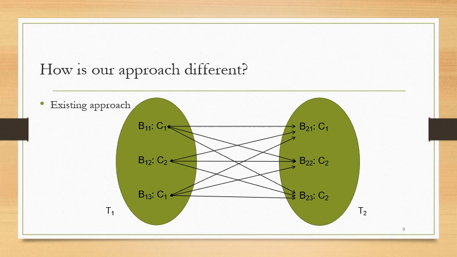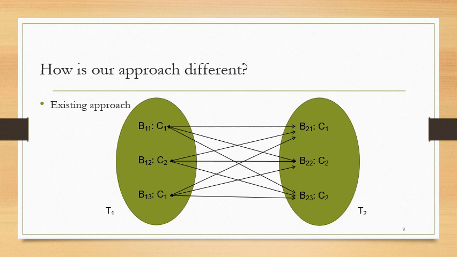So just to represent how our research is different from what has already been done. In the figure, as you can see, this is the approach which is already covered. There are two trees, T1 and T2, and for each branch in T1, comparisons are done with every other branch in T2, right?